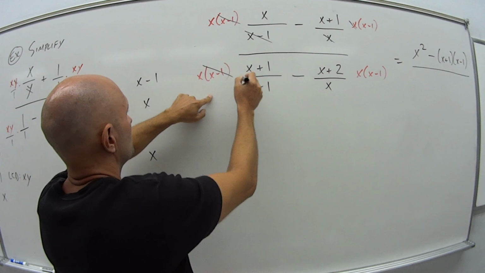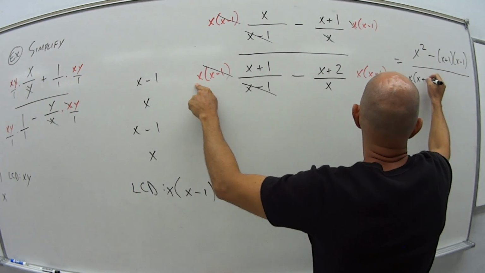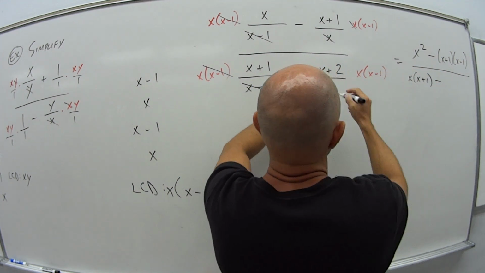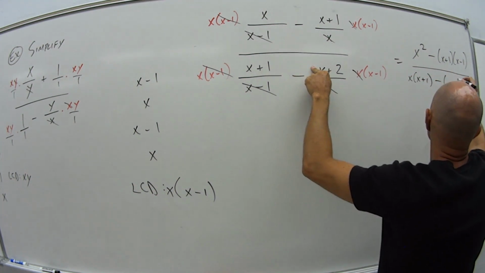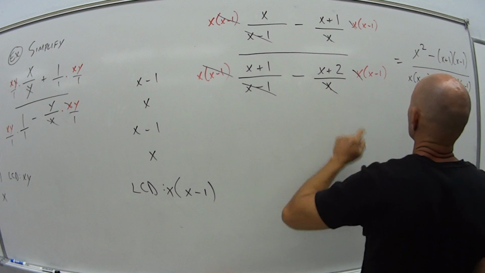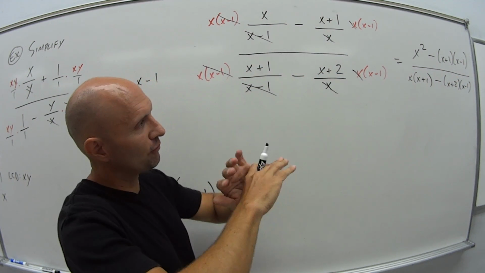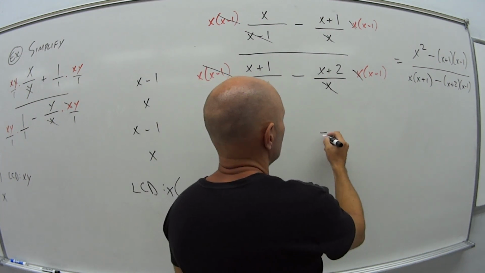With this one, the x minus 1's cancel, and I have x times x plus 1, minus, here the x's cancel, so I have x plus 2 times x minus 1. So now I just have a fraction. And it's just a matter of multiplying these guys out, see what will cancel, if anything, hopefully something.